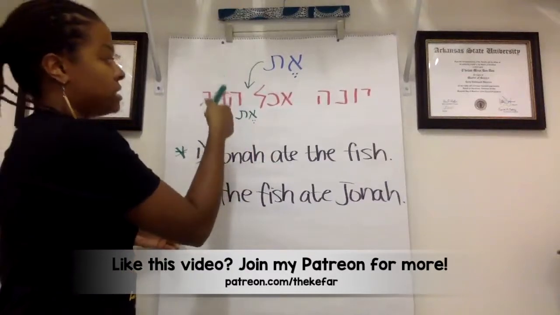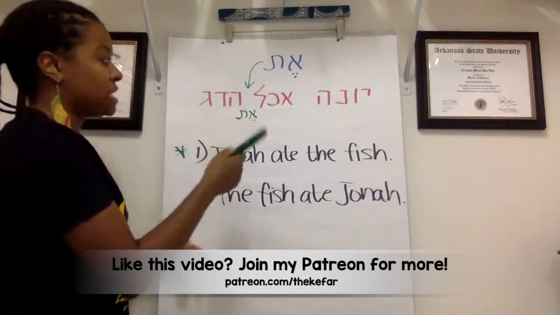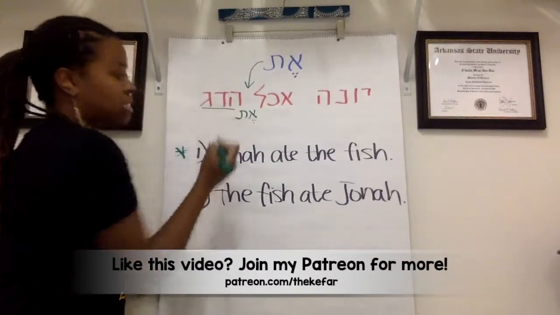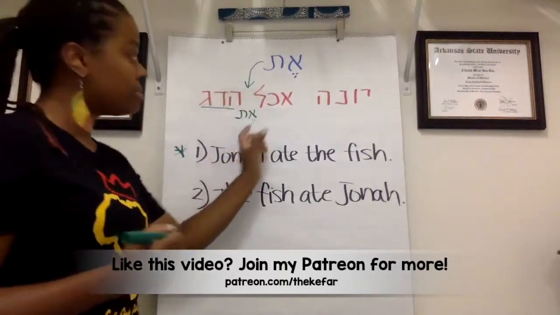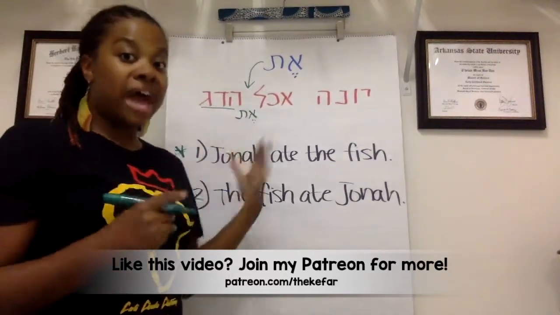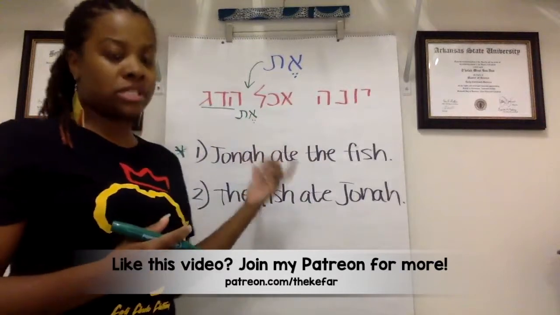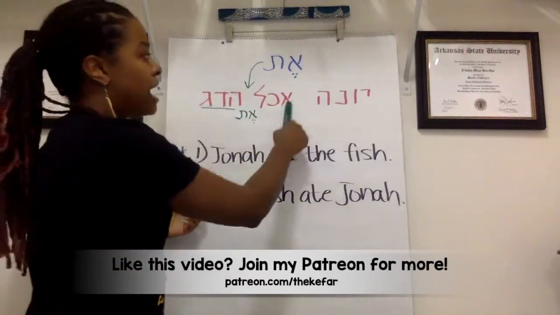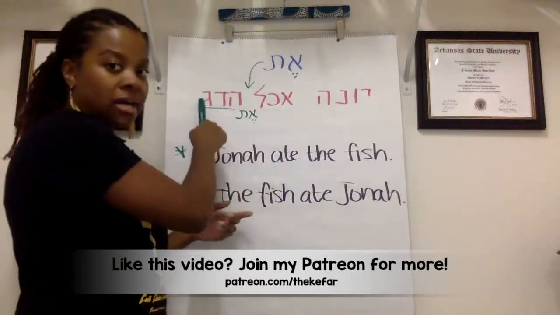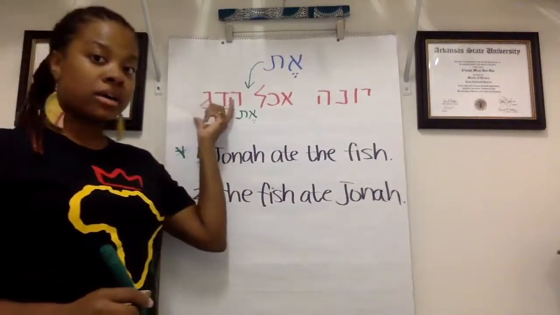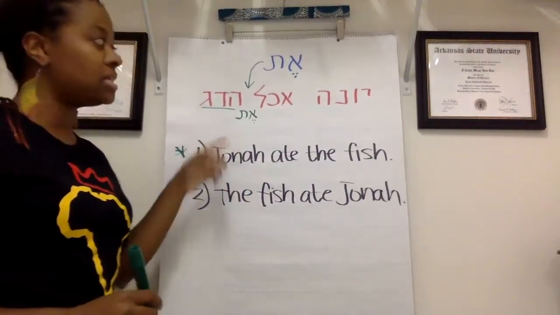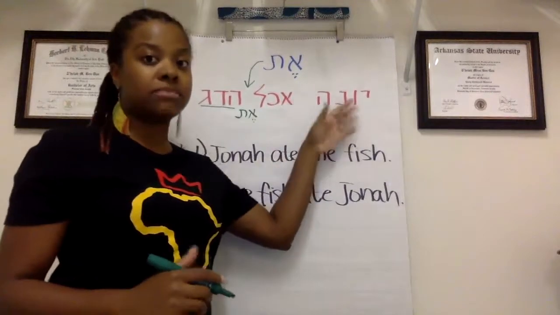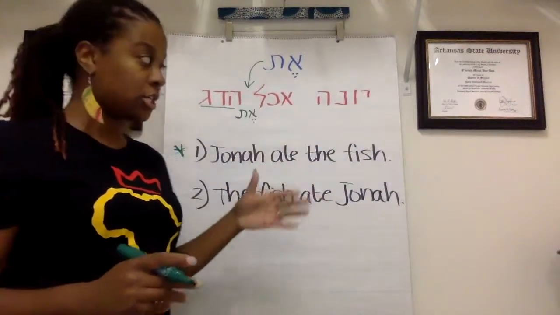That's marking the definite direct object of the sentence, and what follows it is what it's marking. So whatever comes after the et, that is the object of the sentence, okay? So Yonah achal et hadag. It's letting us know that hadag, the fish, is the object of the sentence, and therefore Yonah is the subject and the one that is doing the action.